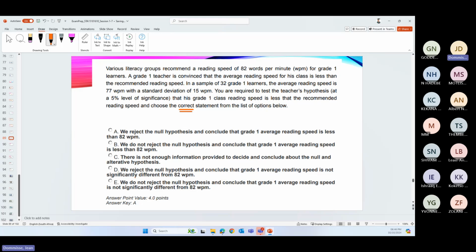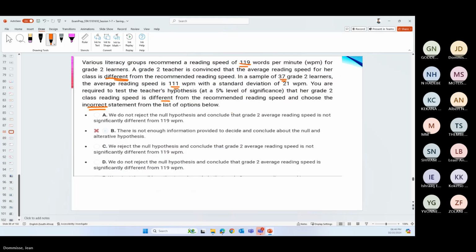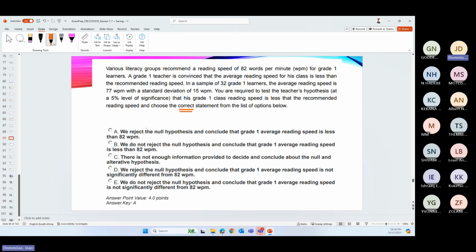Okay, there it was a correct statement. Here it was incorrect. So there they mixed it up, and it was wrong because saying there is not enough information is wrong, because there is enough information.